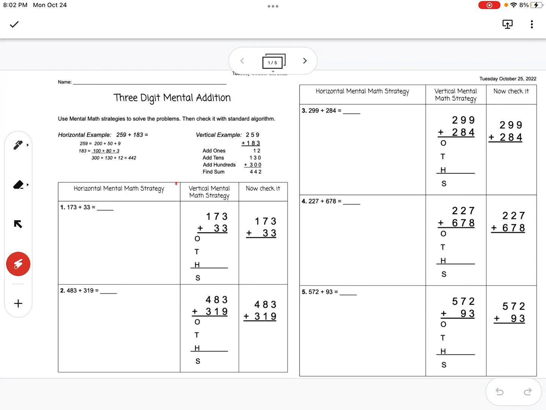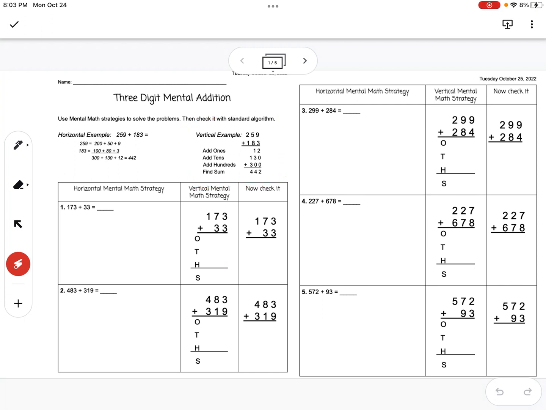The other way we're going to look at is doing our vertical mental math strategy, which is where we stack it up. So our ones are aligned, our tens are aligned, and our hundreds are aligned. Then we do a similar concept. We're going to add just our ones, just our tens, just our hundreds before we find our grand total of our sum. And you can see an example of that up here.